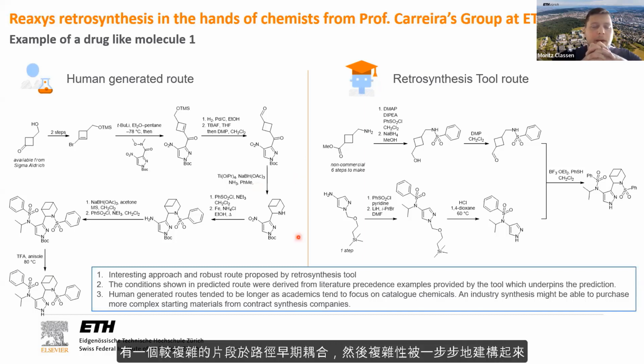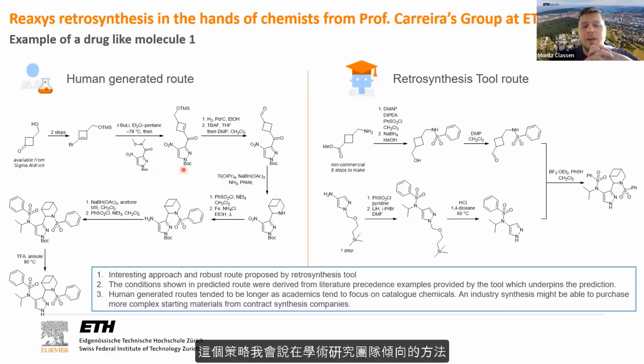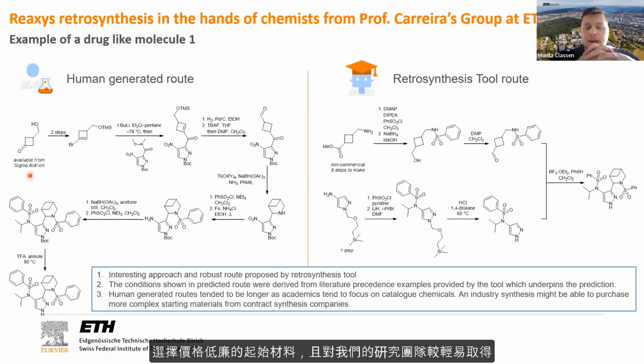There's a very early fragment coupling of 2 somewhat complex fragments, and then afterwards the complexity is built up step by step. We can see this is very much an approach where we can see the influence of, I would say, an academic research group. The starting materials that are chosen are inexpensive and so easily available to our research group.